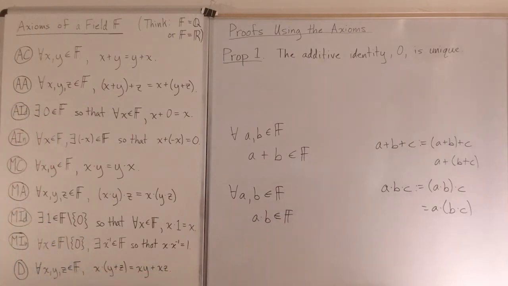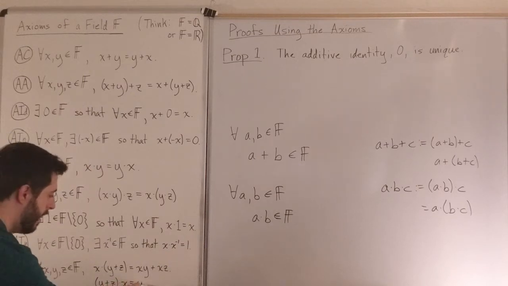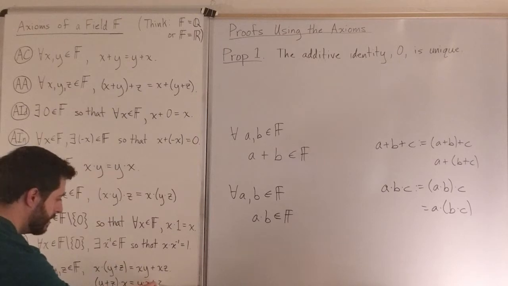Okay? Oftentimes when you see the distributive property in math, you'll see it as a left distributive property and then a right distributive property. The right distributive property would say something like this: (y plus z) times x is equal to y times x plus z times x.